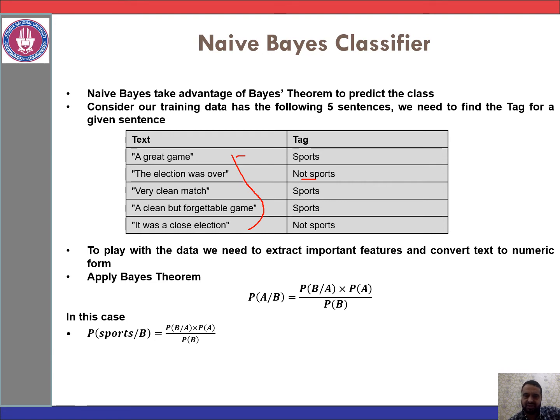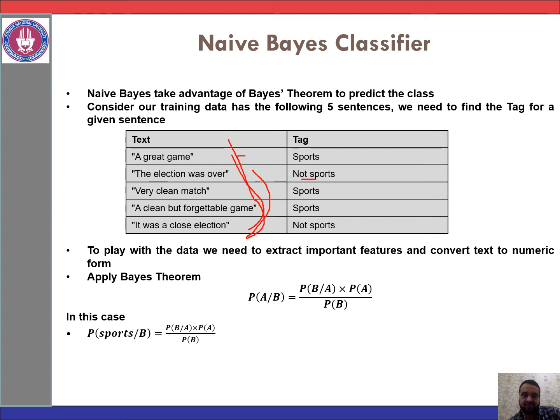And once we train our model based on this tagging, we can then assign tags to the new sentences as well. But the first thing we need to do is, these are sentences, and if we want to find the probabilities of these sentences and assign tags to them, we need to convert these sentences into some meaningful information.